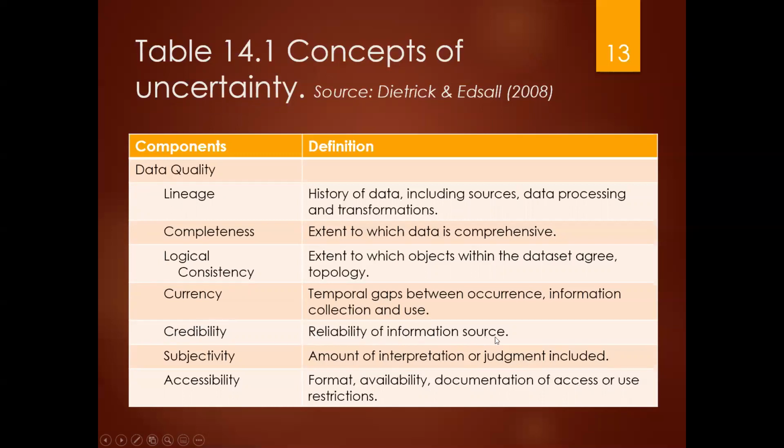Reliability of information source. What does it mean? If you send a graduate student to the field to collect some geographic data, the reliability is relatively low. The credibility is relatively low. But if you don't do this, instead of that, you just download data from USGS.